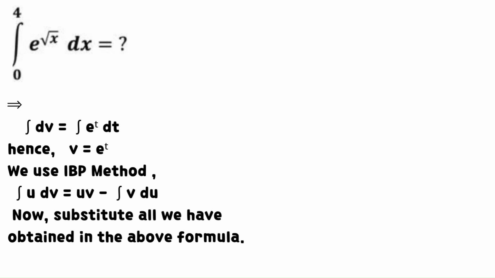Hence, v equals e to the power of t. We use the integration by parts method. That is, the integration of u times dv equals u times v minus the integration of v times du. Now, substitute all we have obtained in the above formula.